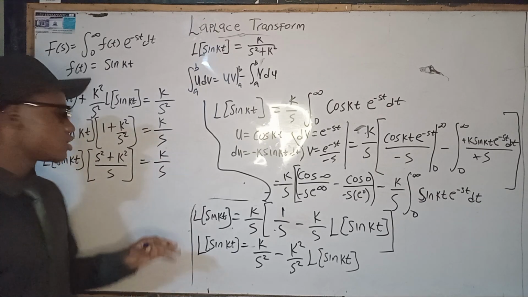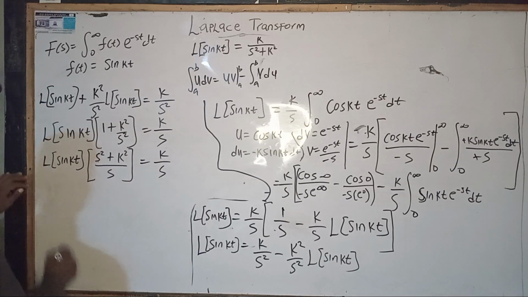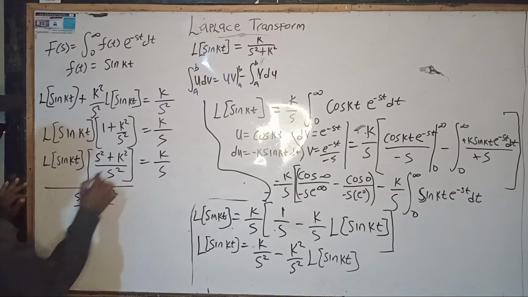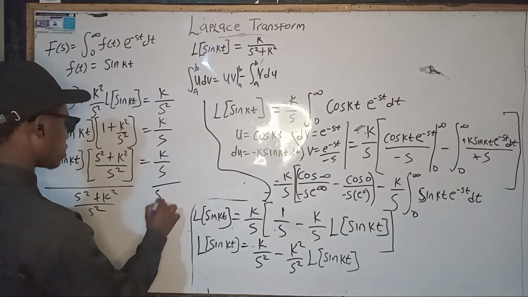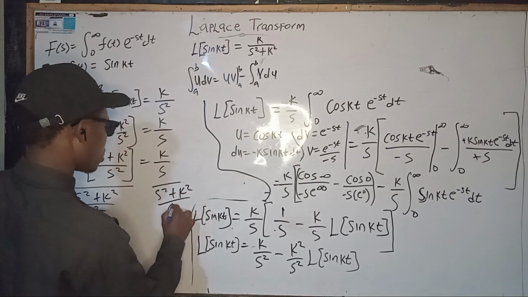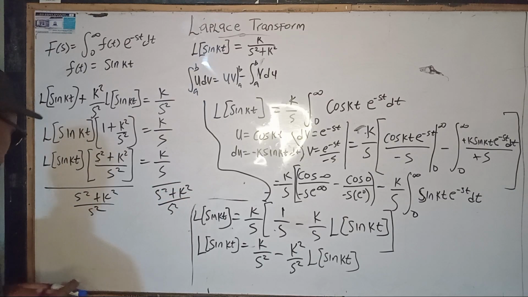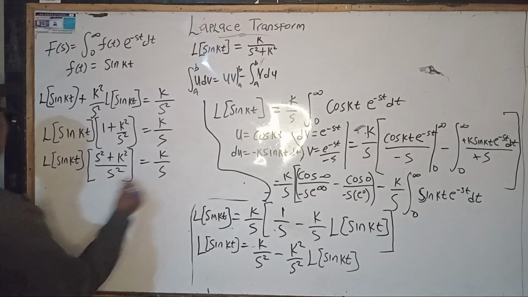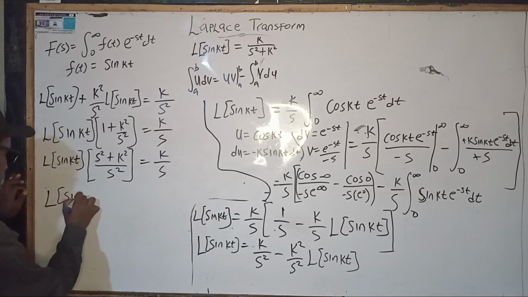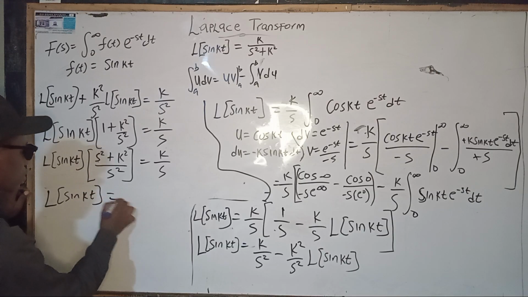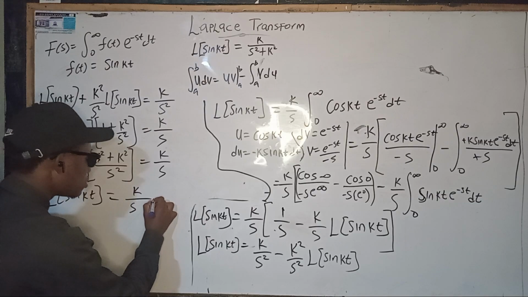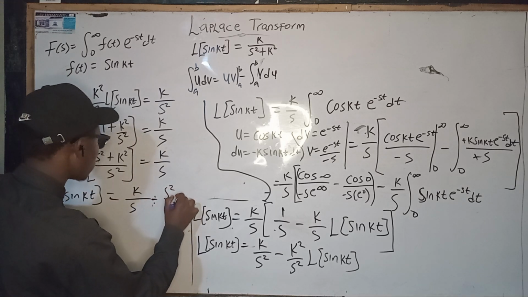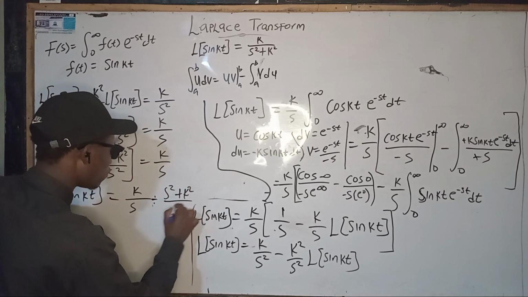So what we just do is divide both sides by this over here. That is, if we divide both sides by s square plus k square over s square, we are going to be getting our answer. So let me just do it over here. If I divide both sides, I will have my Laplace transform of sine kt to be equals to k over s divided by s square plus k square over s square.